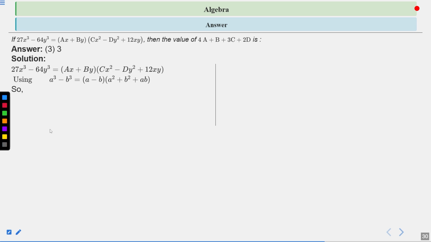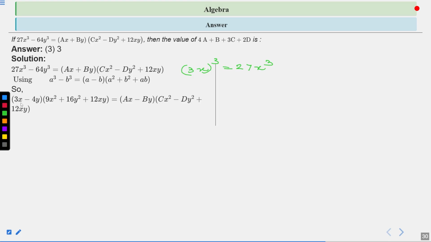By using this formula, we can write 3x − 4y, because 27x³ we can write as (3x) whole cube, which is equal to 27x³. Same way, 64y³ will become (4y) whole cube, which is equal to 64y³.